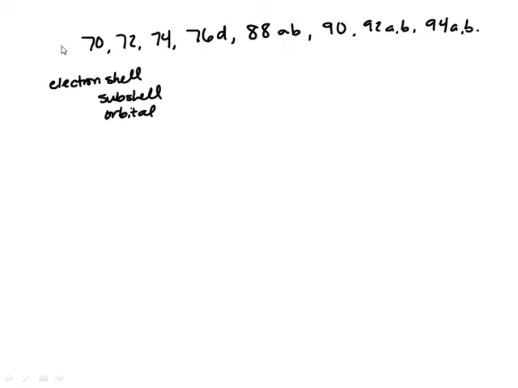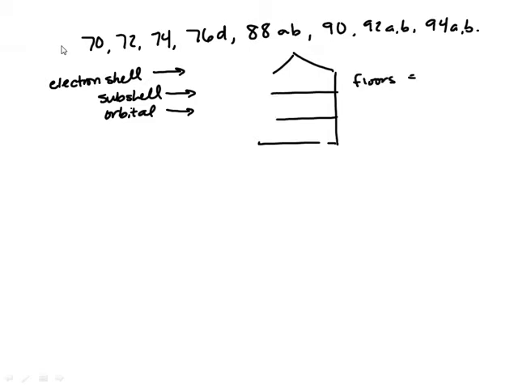Before we get started on this question, remember that if we were talking about a house, let's draw a house. It's going to be kind of a funny shaped house. We would say that the floors of the house were equal to the shell. Then there might be a really, really long room, and a really, really small room. Excuse me, a really, really small apartment.